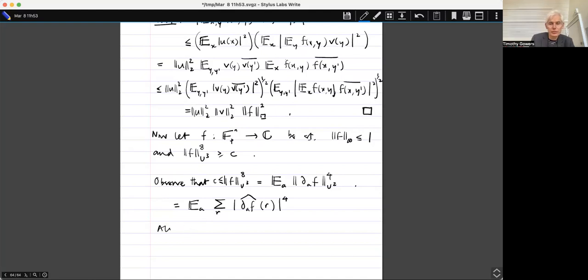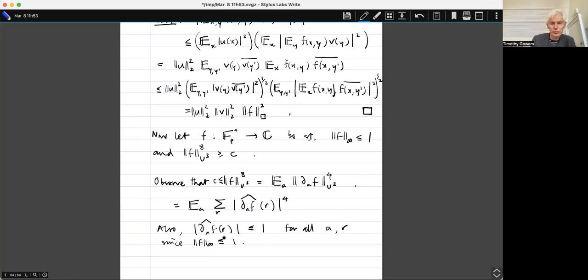So also we have that this is less than or equal to 1 for all a and r, since f is bounded between -1 and 1.